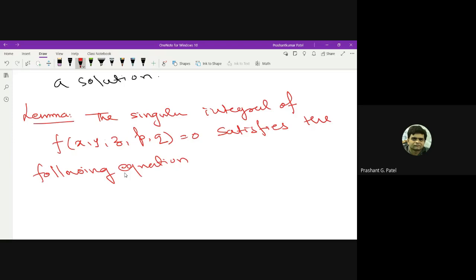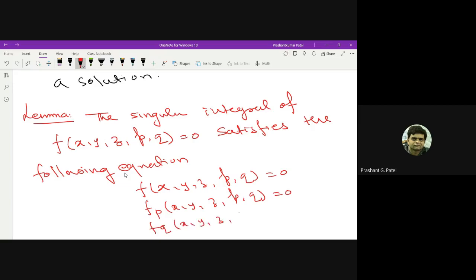Whatever the singular integral is, it always satisfies these three equations: f of x, y, z, p, q equal to 0, Fp of x, y, z, p, q equal to 0, and Fq of x, y, z, p, q equal to 0. That means the derivative with respect to p and the derivative with respect to q are 0.